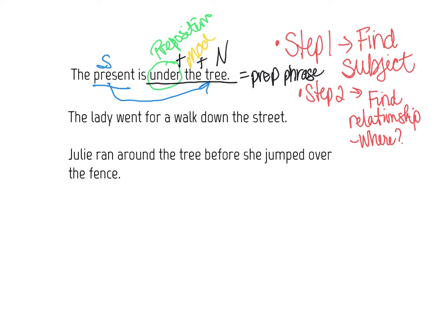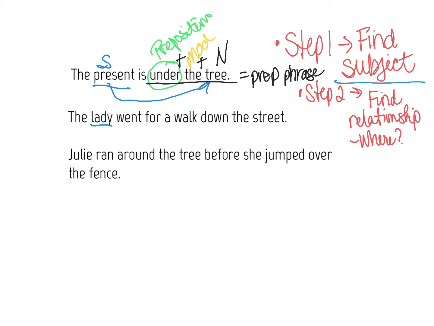Okay, so back to my sentences. The lady went for a walk down the street. So step 1, find my subject. Who or what's the sentence about? Right, it's about the lady. Okay, so the lady went, that's our verb, for a walk.